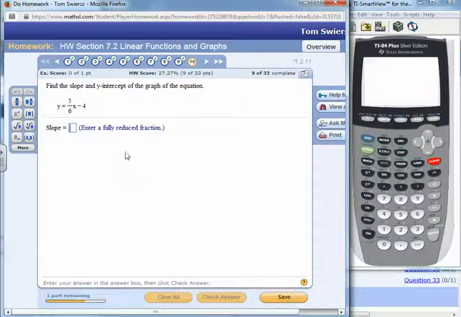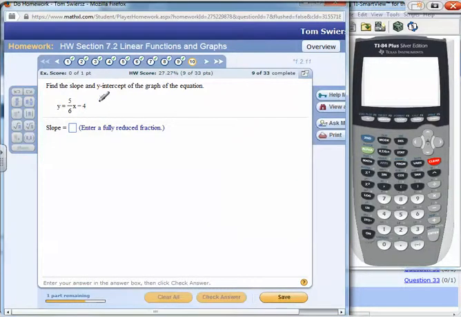Okay, number 10, find the slope and the y-intercept of the graph of the equation y equals 5/6 x minus 4. Okay, now again, y equals mx plus b, right? We've got it solved for y, so the number in front of x is the slope.